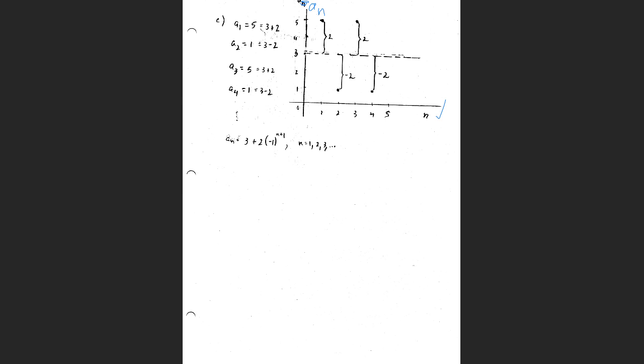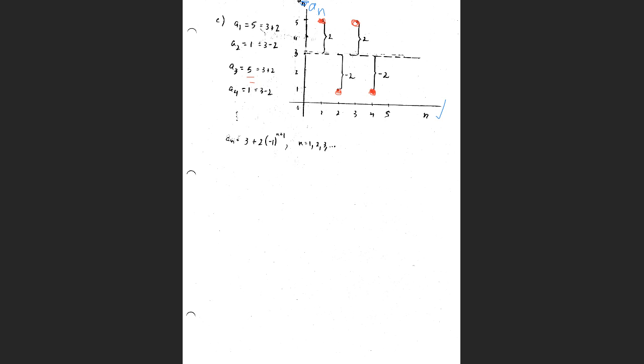So a sub 1 is equal to 5, so I put a dot here. A sub 2 is equal to 1, so I put a dot here when n is 2. When n is 3, the third term is 5, so put a dot there. And the fourth term is 1, I put a dot there.